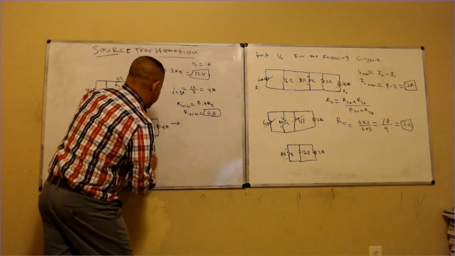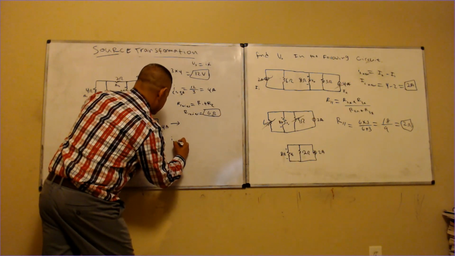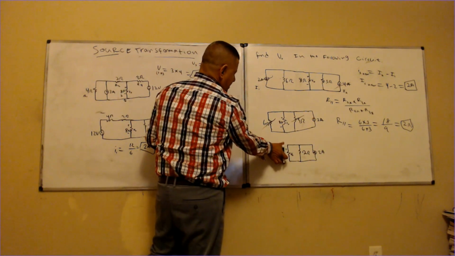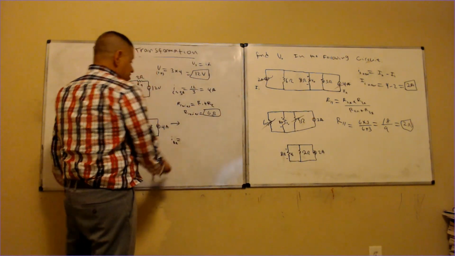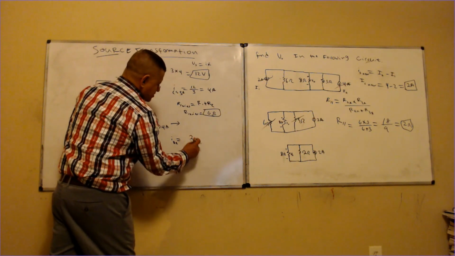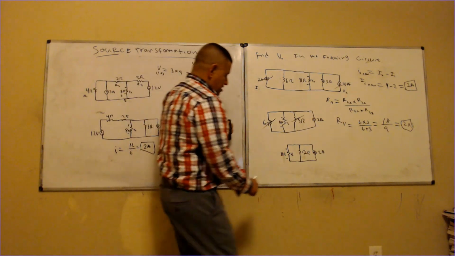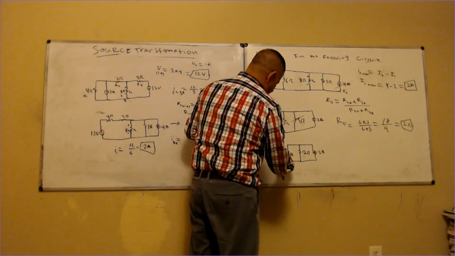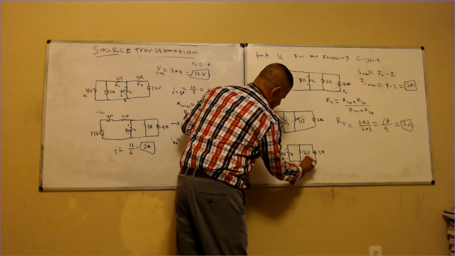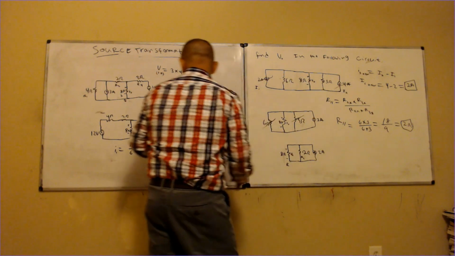We can call it I at 8 ohm, right? The resistance, the current within this guy is going to be 2 amps. So in other words, you can name this R1 and name this R2, right?